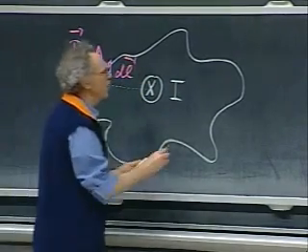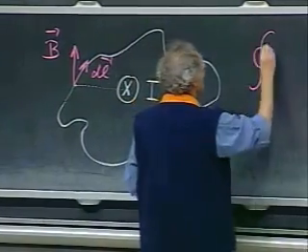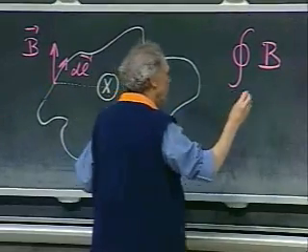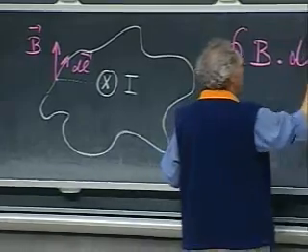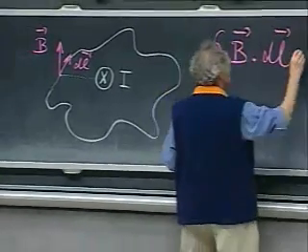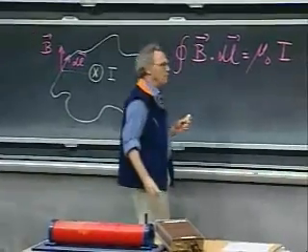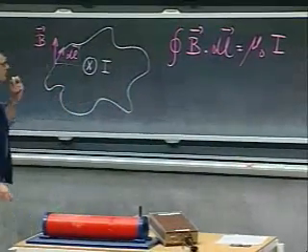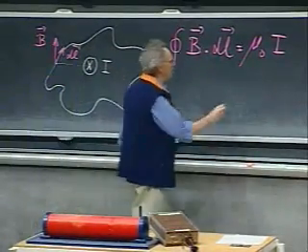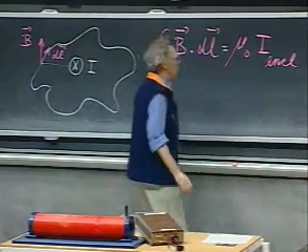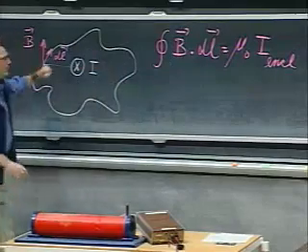And if now you go around a closed path of any shape, it doesn't have to be a circle, B dot dl, that now becomes mu0 times I, which is known as Ampere's law. And I is then often given an index enclosed. It is the current which is enclosed by that path.